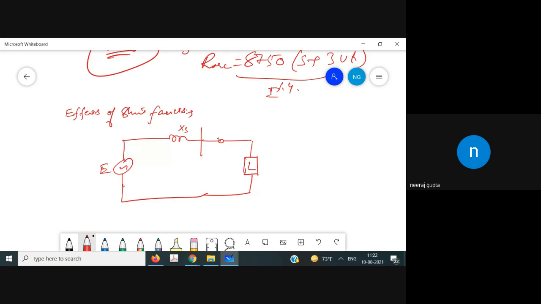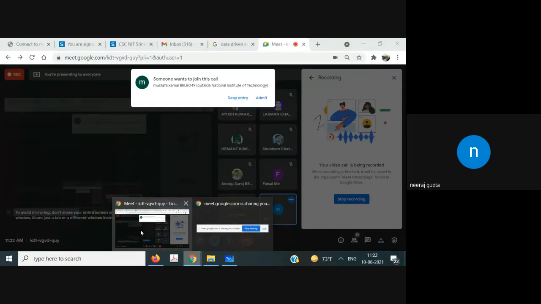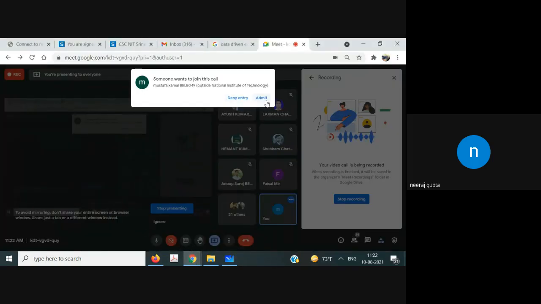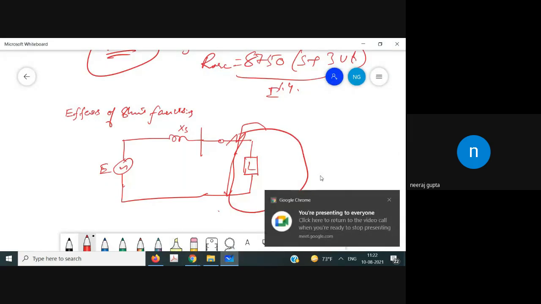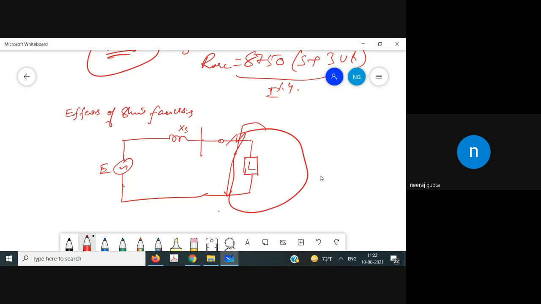And let us suppose that a fault occurs here. When the fault occurs, the whole of the load current is bypassed. So we cannot have current flowing through the load. The whole of the load current is bypassed.